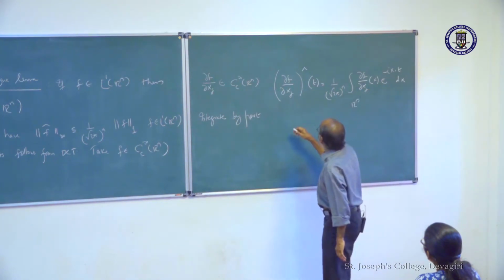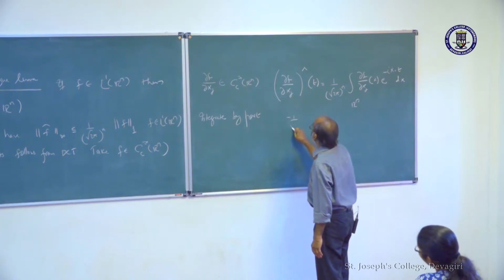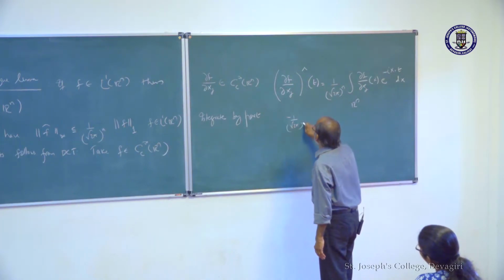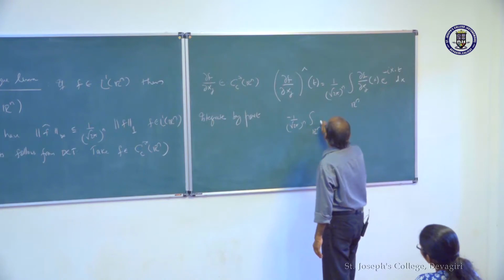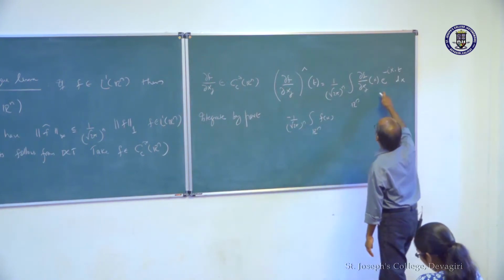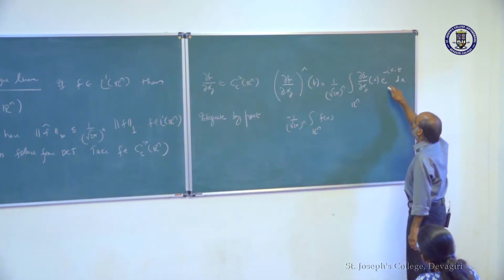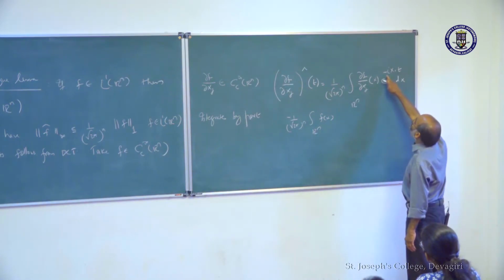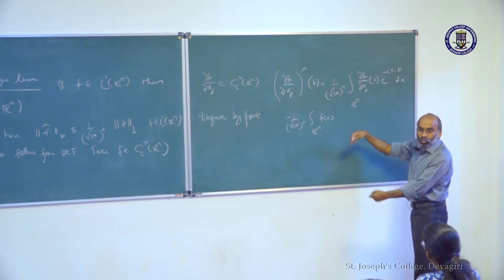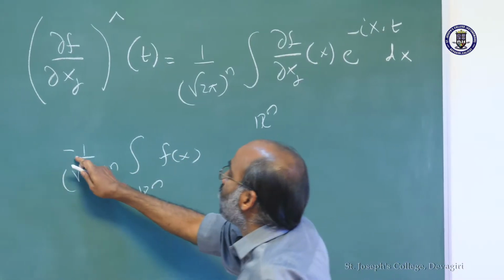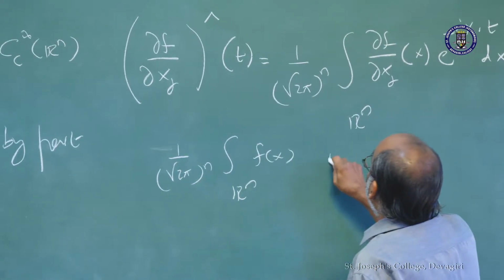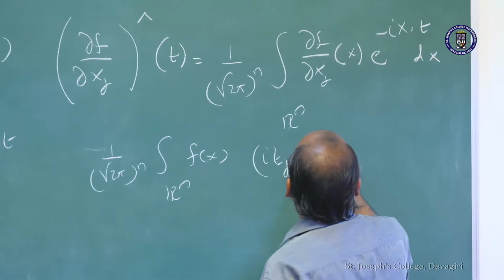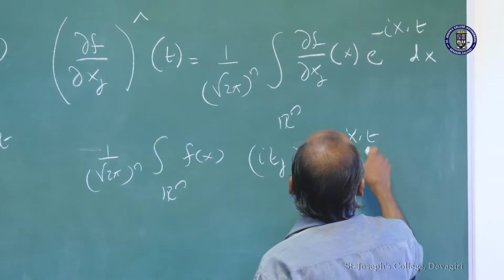When I integrate by parts, the boundary terms vanish and there is a minus from somewhere. So it would be minus 1 by root 2 pi to the n, integral over Rn, f of x, and the derivative falls here, so d by dxj of this. What is d by dxj of this? I will have minus I tj coming down, and so that minus goes away. So I will have I tj e to the minus I x dot t dx.